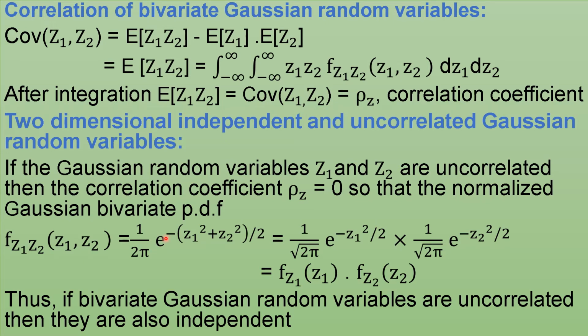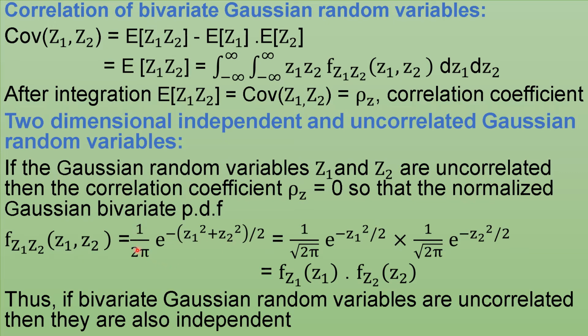Wherever you find rho Z, if you put rho Z as 0, the remaining will be minus of z1 square plus z2 square divided by 2. 2 pi I can treat as root 2 pi into root 2 pi, and e power minus of z1 square plus z2 square divided by 2, I can split into e power minus z1 square by 2 into e power minus z2 square by 2.